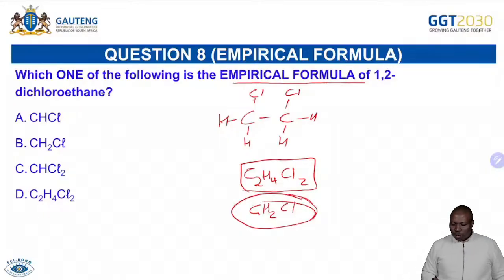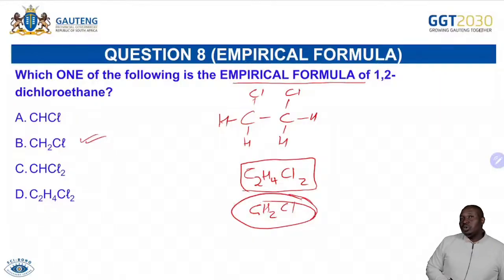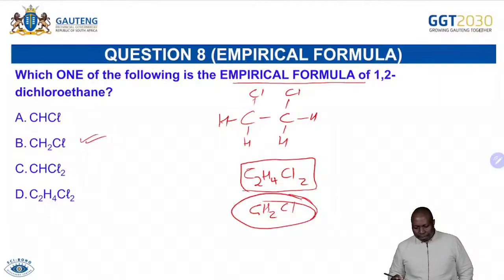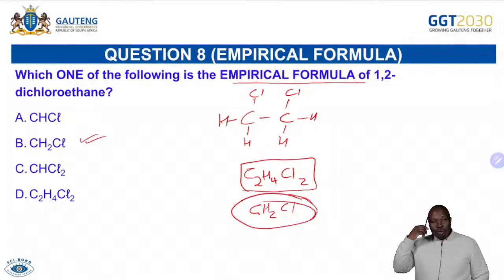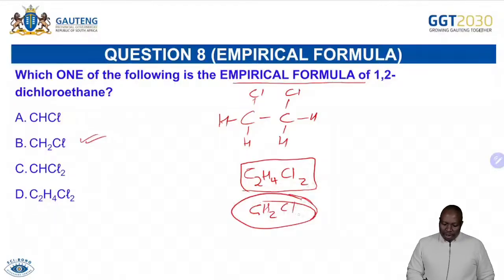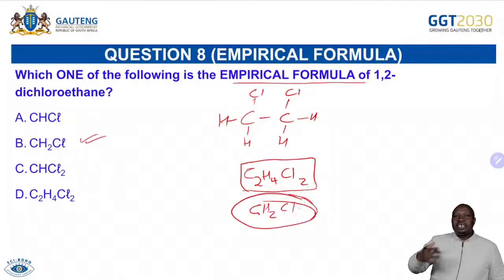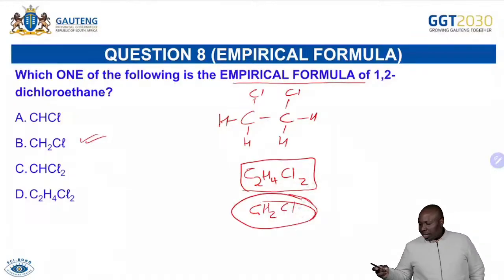In this case, it's CH2Cl, and you can see that in option B. So I think by now you know the difference. C2H4Cl2 is the molecular formula. CH2Cl is the empirical formula, which is the simplest whole number ratio.